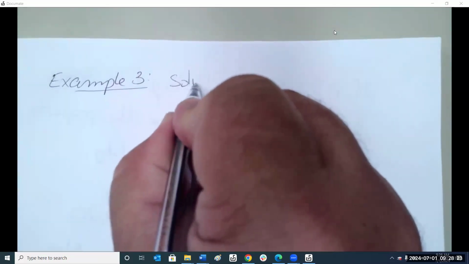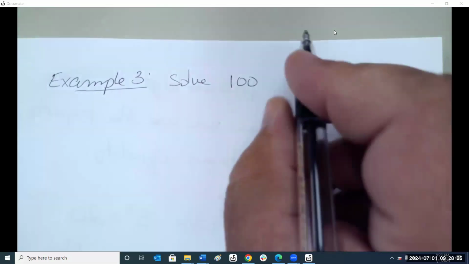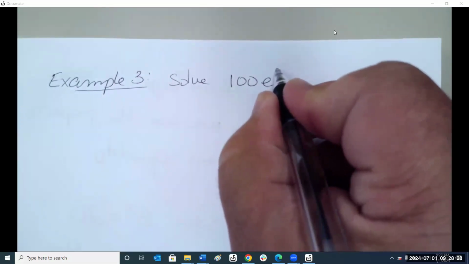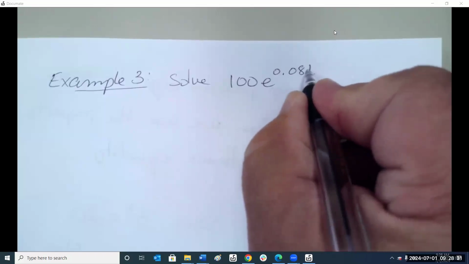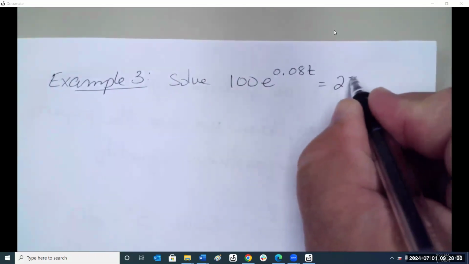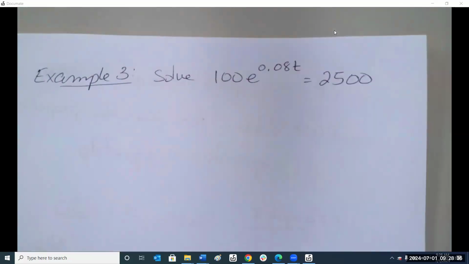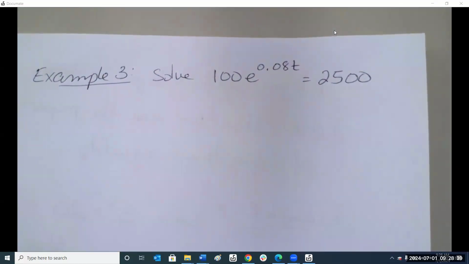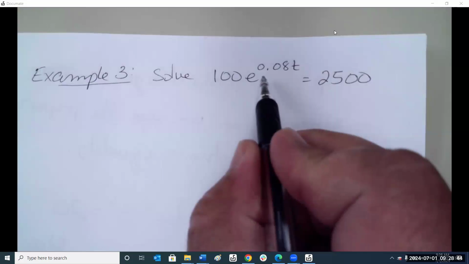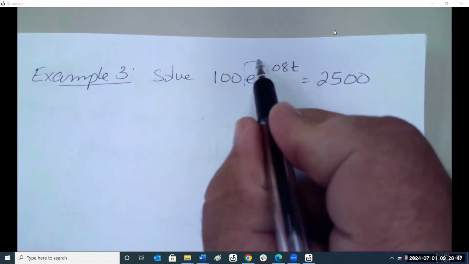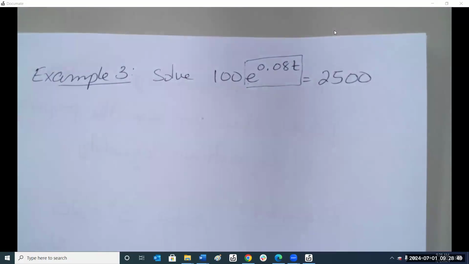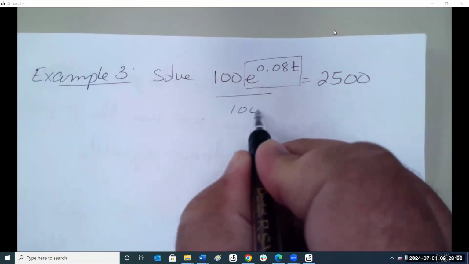Look at example 3. So 100 e to the power 0.08t equals 2,500. Of course, the process here says we have to isolate the exponential expression.